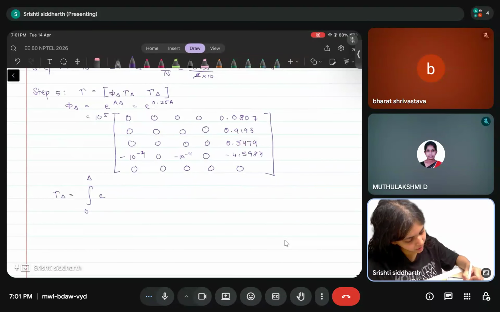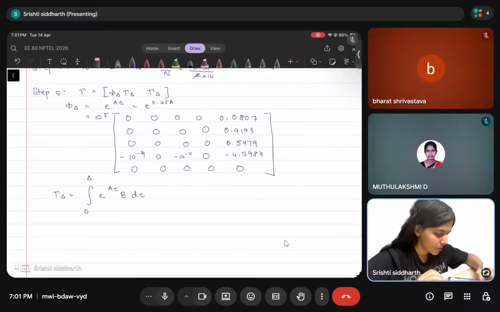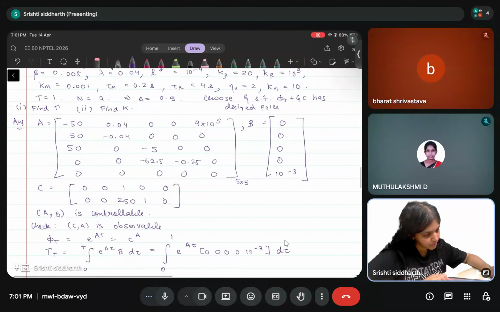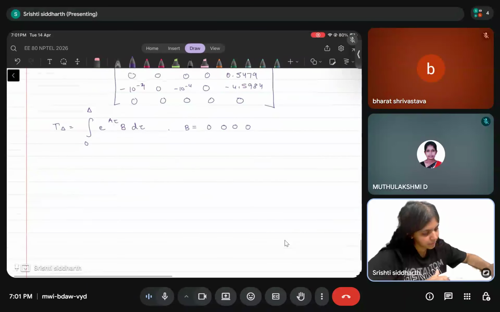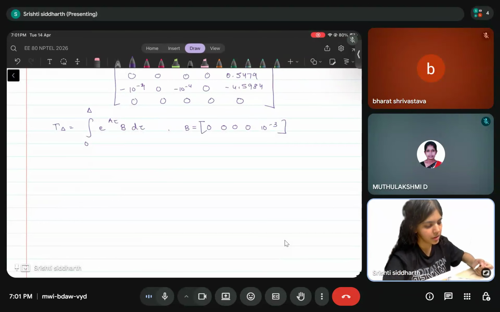Then the integral from 0 to delta of e to the power a eta b d eta. So we have dv, this was 0, 0, 0. Then was km, 10 to the power minus 3. Okay, so let's see.